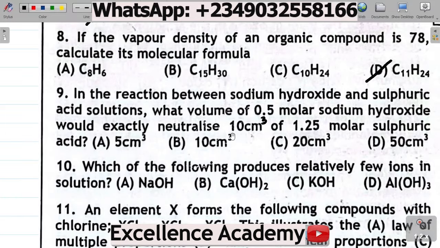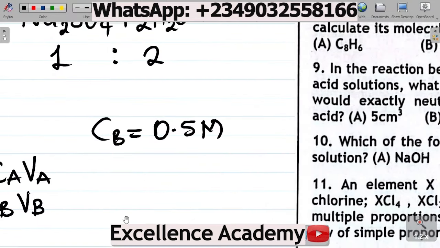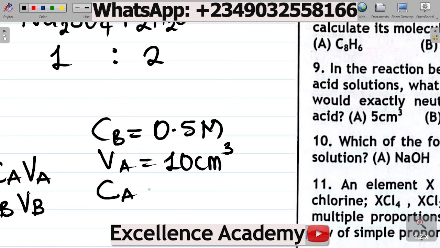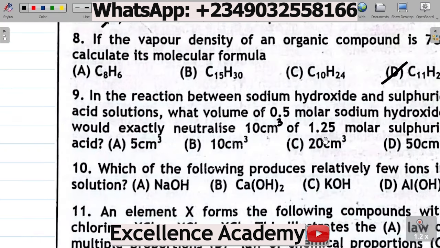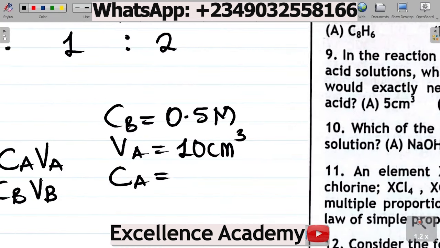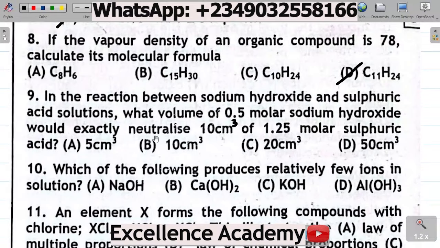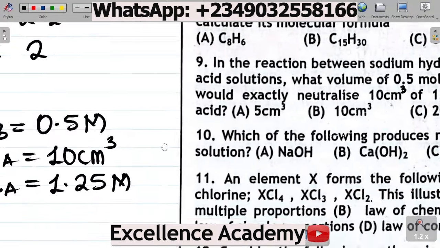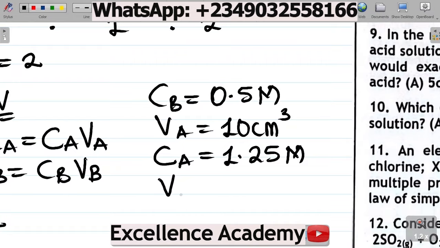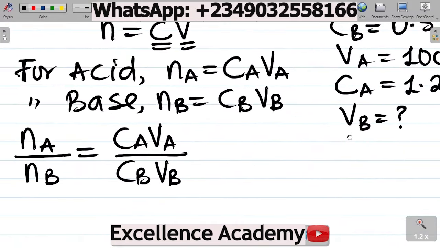That's talking about volume. So the volume of acid is equal to 10 cm cube, and the concentration of the acid is 1.25 molar. And they asked, what volume of the base? So Vb is unknown. Okay, so let's put in values.